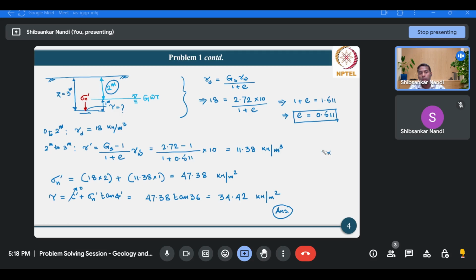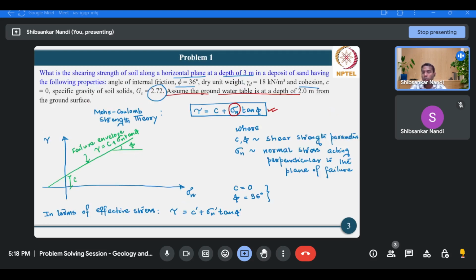Therefore we have to be very careful about the plane on which we are going to determine the shear strength of the soil. So I hope it's okay from your end also. If so, then we can take the next problem.